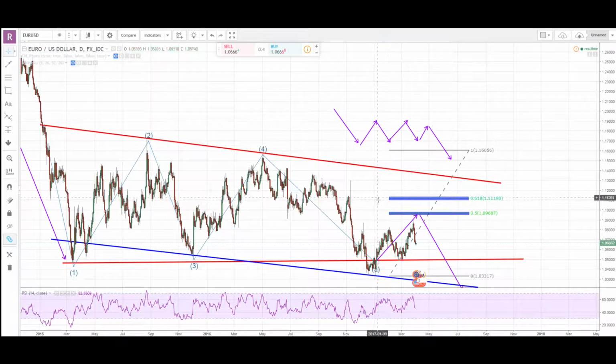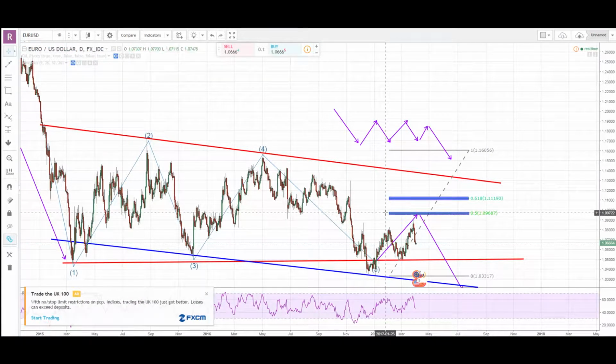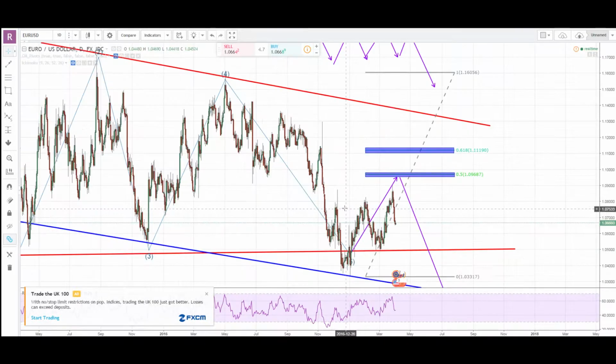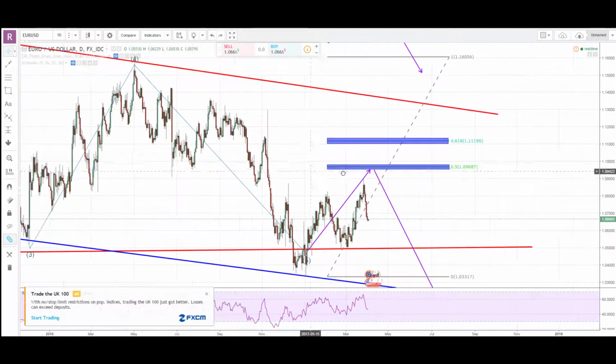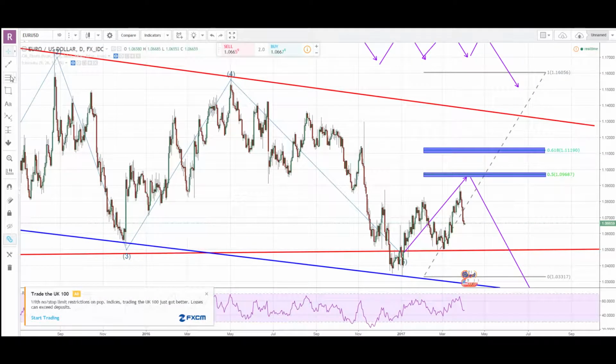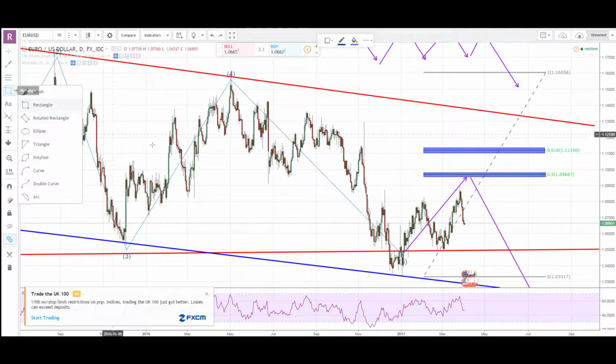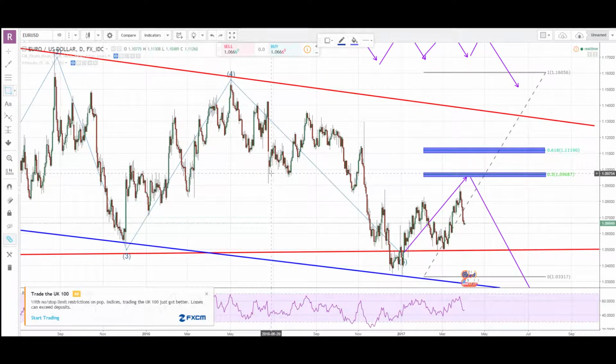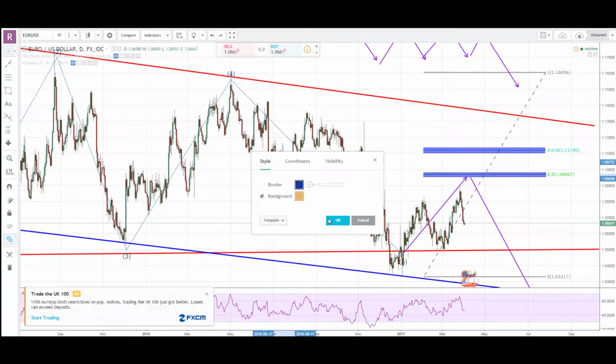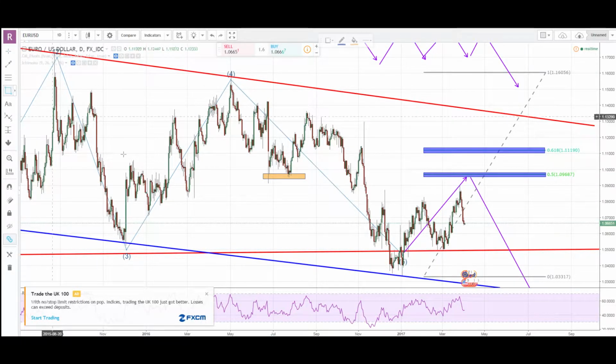Okay, now that we have the direction, I want to look at the structure on the left, the important structure like support and resistance. And what we can see is that at the 0.5 Fibo level, we find this. Let me highlight it in orange.